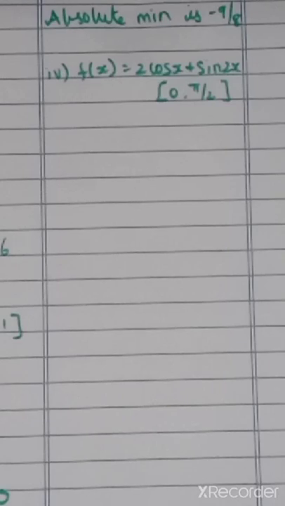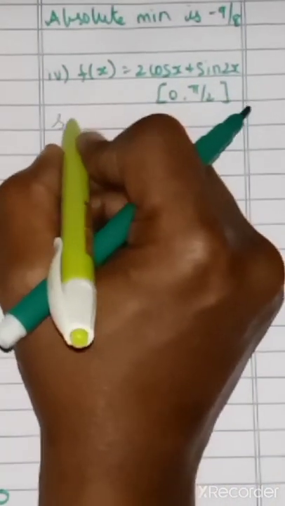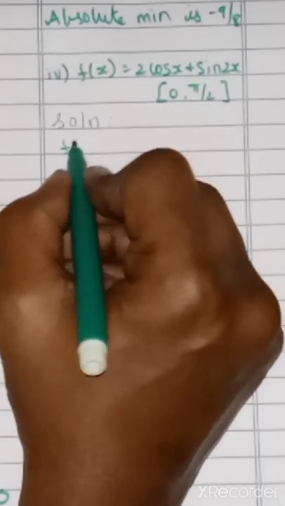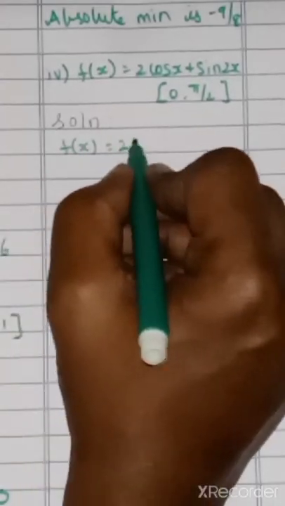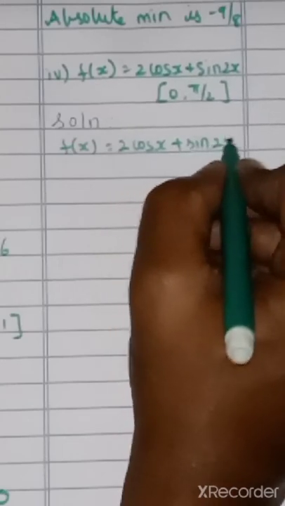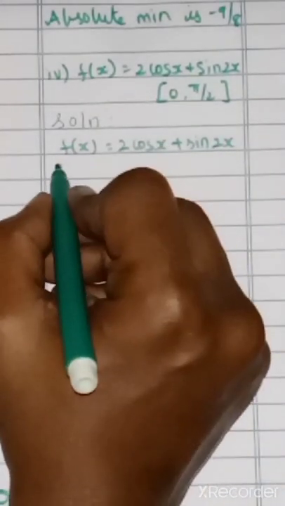Fourth subdivision: f of x equal to 2 cos x plus sin 2x, and the interval is given as 0 comma pi by 2. So what is your f of x given? 2 cos x plus sin 2x. What do we have to find? f dash of x.